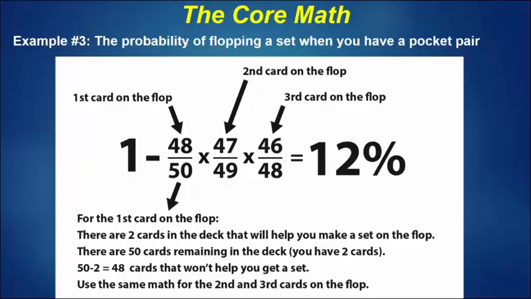Divide 46 by 48. And finally, multiply 48 divided by 50 times 47 divided by 49 times 46 divided by 48 and subtract that from 1, or 100%, to equal 12%. This is approximately 1 out of 8 times.